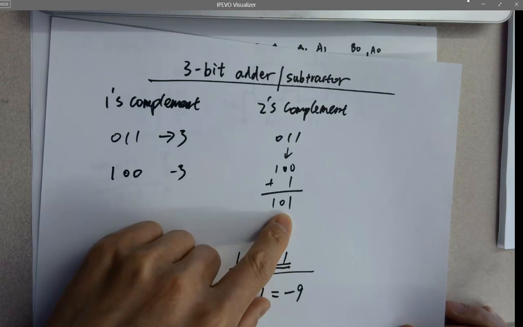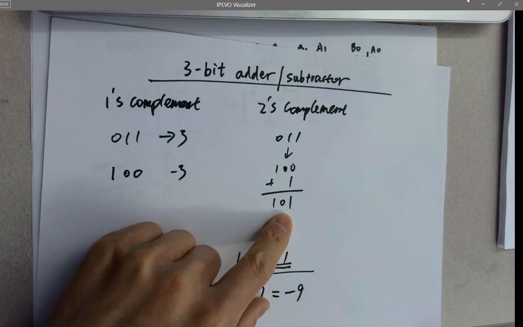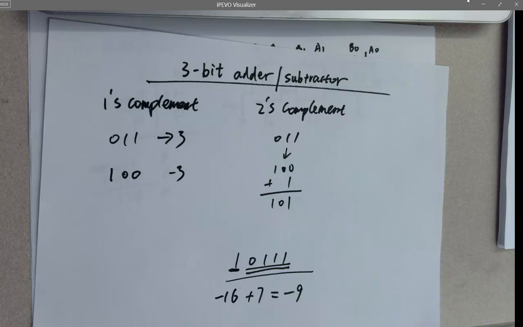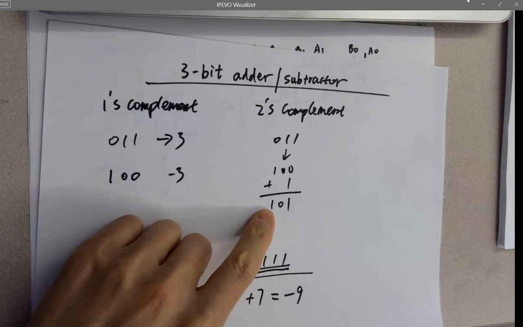But we can tell the computer, don't treat it as 5, treat it as -3. It's not the actual number, but we just tell the computer to do it.